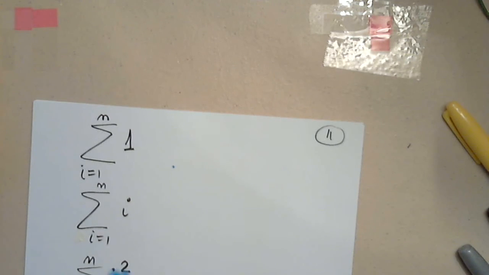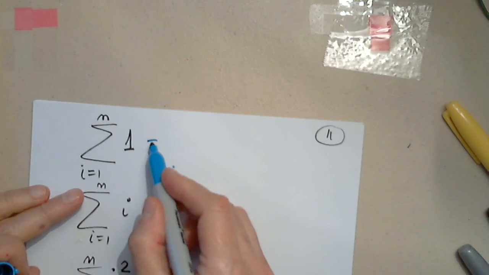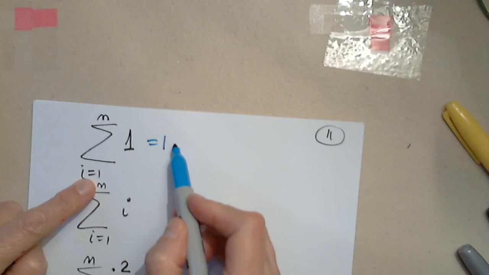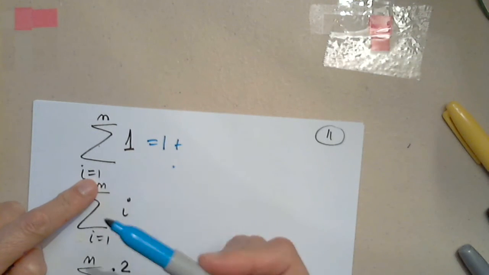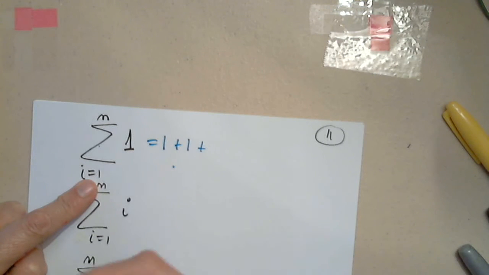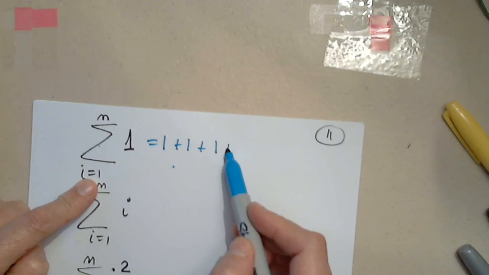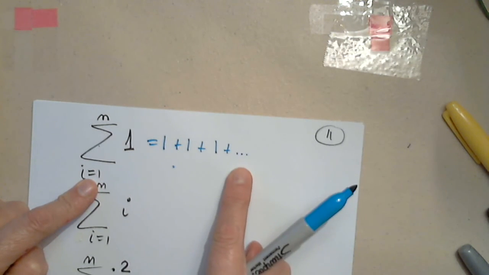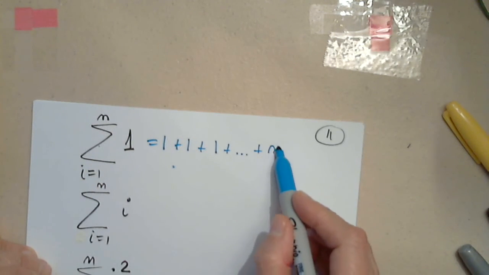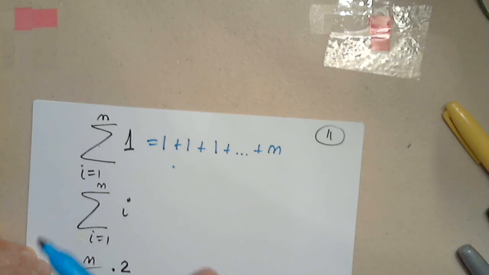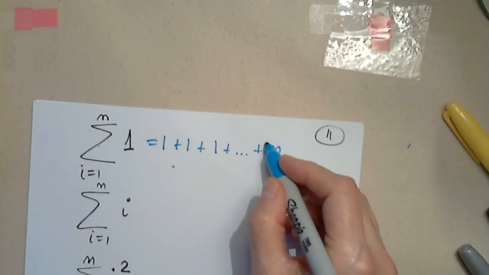So first of all, what does this mean? On the first spot, I have 1 plus. That's what the summation notation says. Plus 1 plus. A third spot, 1 plus. Dot, dot, dot. Exactly 3. Plus. What is the last one? n. For when the spot is n, I add 1.